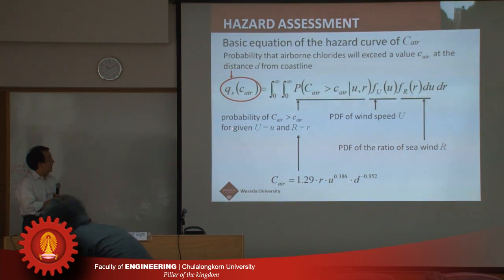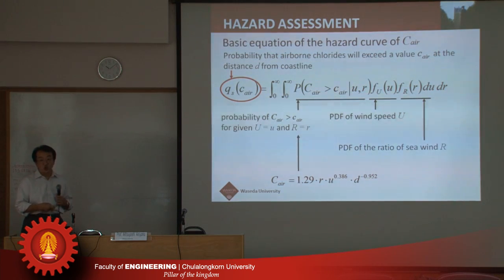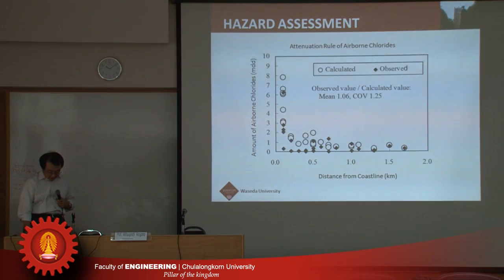In addition, an attenuation rule is needed in this equation. This is one example of an attenuation rule associated with airborne chloride. You can see the amount of airborne chloride attenuates with the distance from the coastline like this.